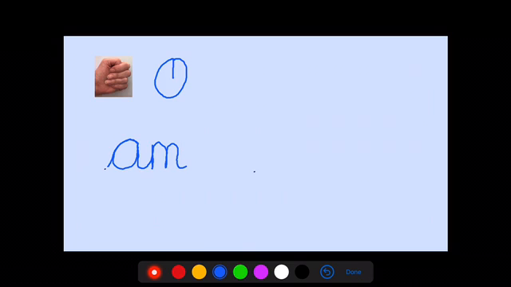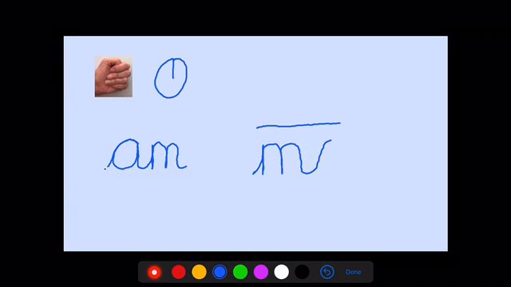But if we're writing a syllable, and here I'm going to draw a line to remind us that this is a syllable. May, like in maple syrup, may. We can hear m at the beginning, and then we can hear a.